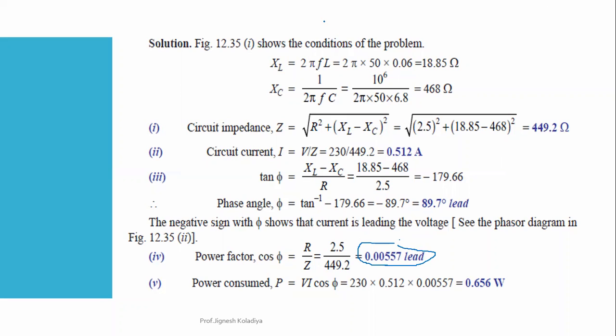I told you that if your power factor is 1, you will get 100% output for 100% input. If your power factor is 0.95, that means 5% losses are there. If it is 0.8, then 80% output and 20% loss. But here, only 0.5% output is there. Rest all are losses because of very minimum power factor.